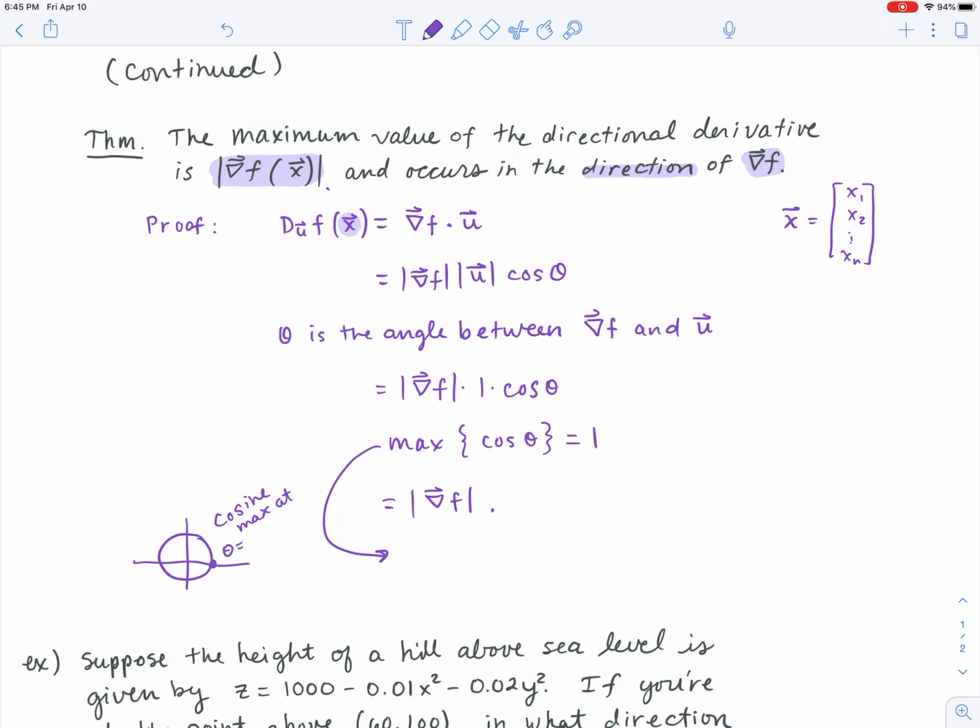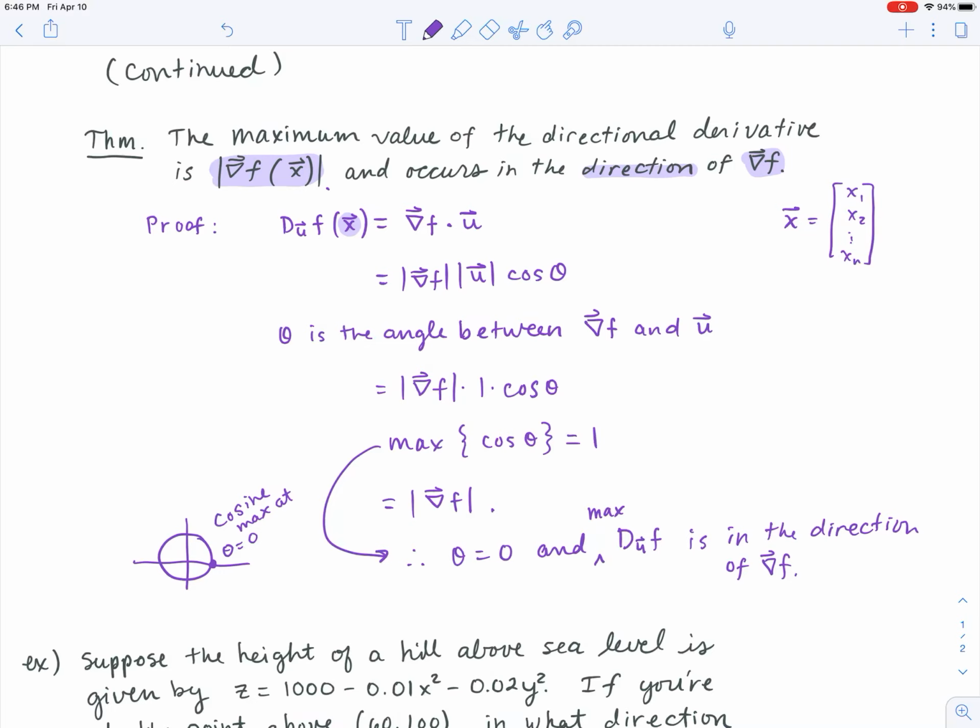Let me change that to theta equals 0. Therefore, theta equals 0, and the maximum directional derivative is in the direction of the gradient vector.